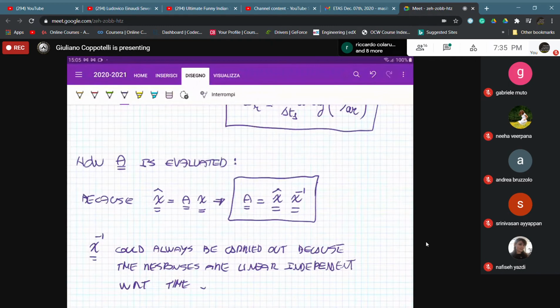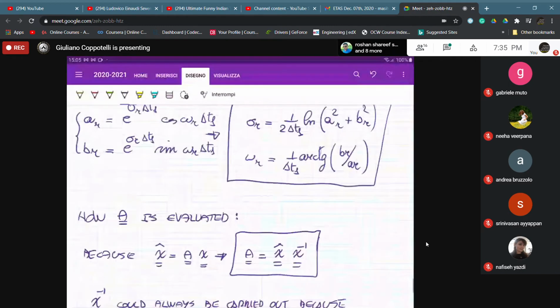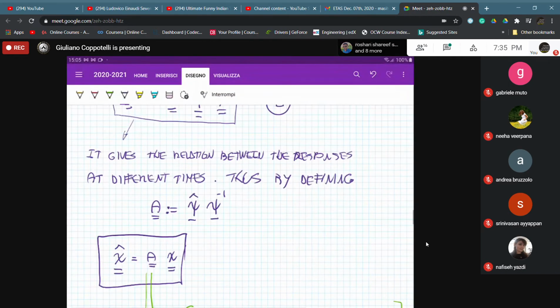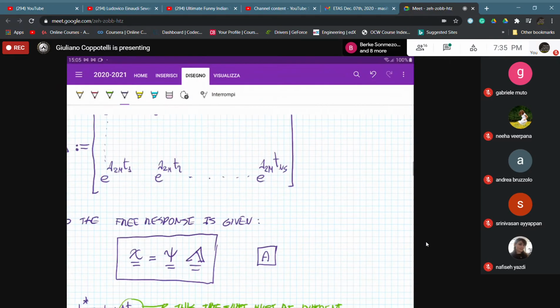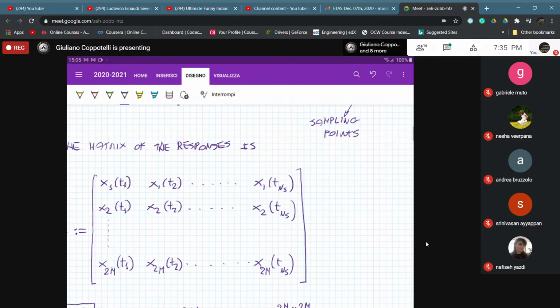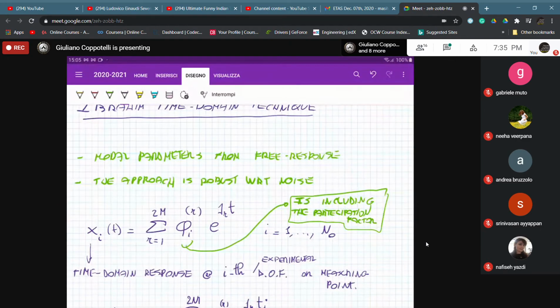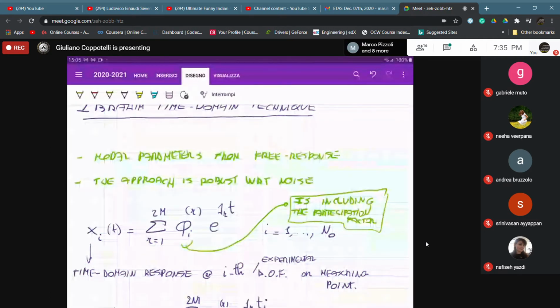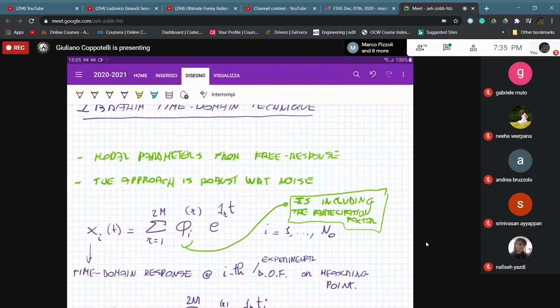So let's recap the approach so far. We start from the recording of the free responses, or from the inverse Fourier transform of the FRF obtained from H1, H2. Then we use the model that links these free responses to the model parameters, the one that I just displayed on the screen, the combination of the modal vectors and the eigenvalues.